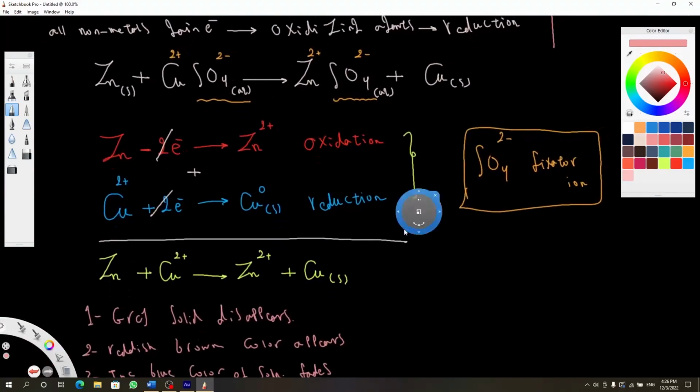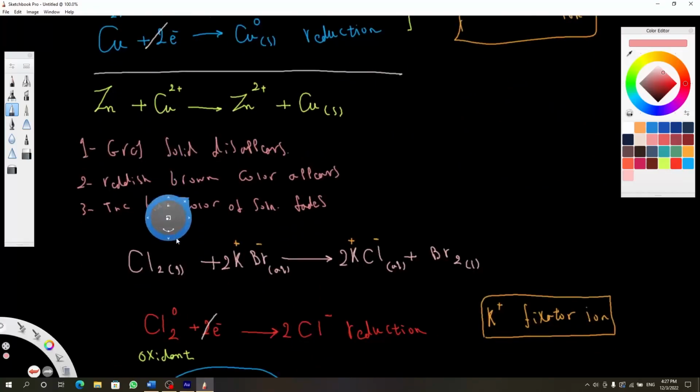As you can see here, this is zinc, it's a metal, it lost electrons, so it's a reducing agent. This is copper ion, so that's a metal ion. It gained electrons, meaning that it's an oxidizing agent. Now to the nonmetals.